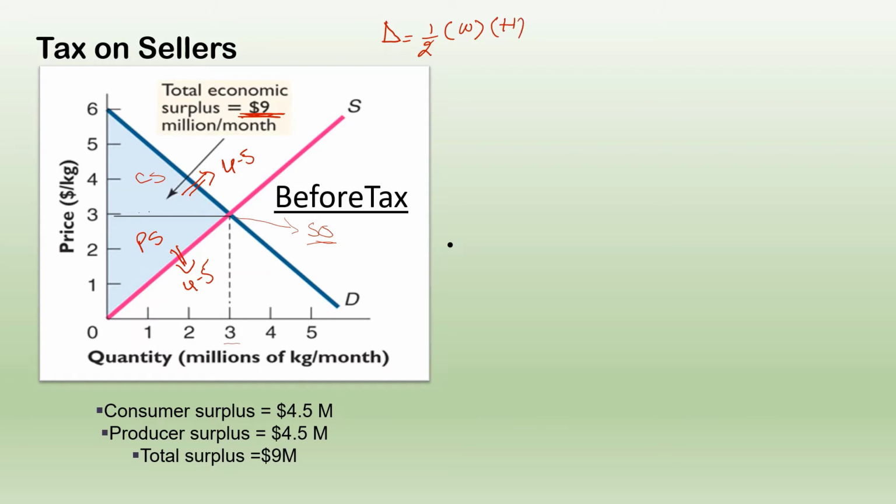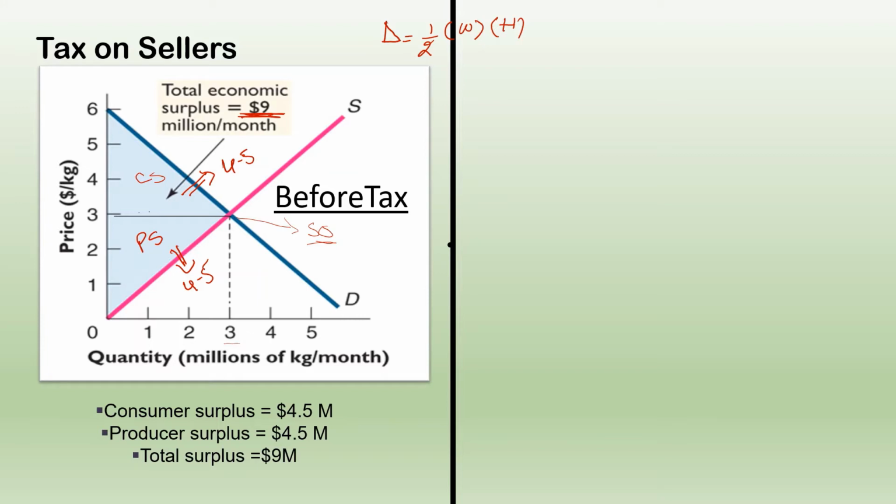So this is the situation before the imposition of tax, where consumers and producers together enjoy a surplus of $9 million per month.